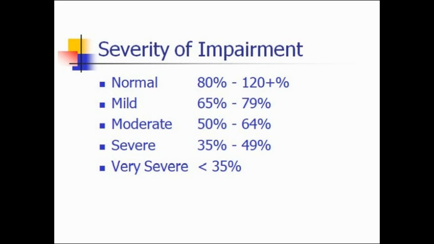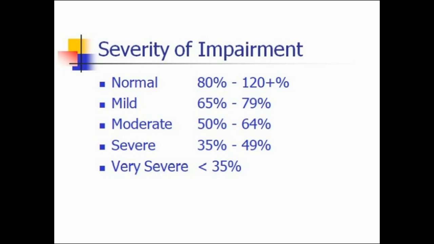Now, if it drops below 80%, down to 65%, that level of severity would be called mild. So we want to identify the significance of that impairment. And then from 64% down to 50, that's a moderate impairment.